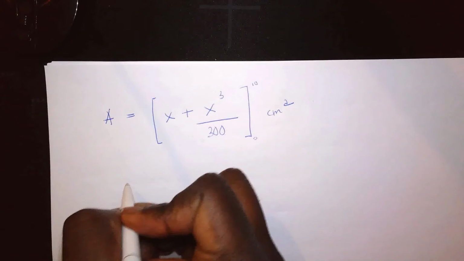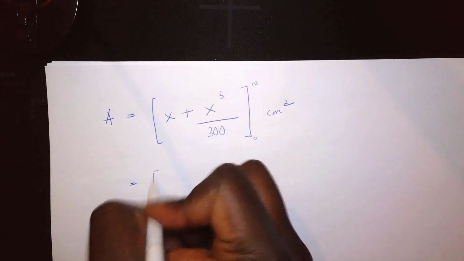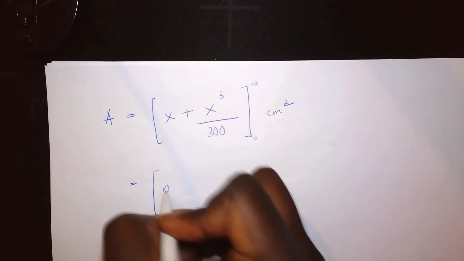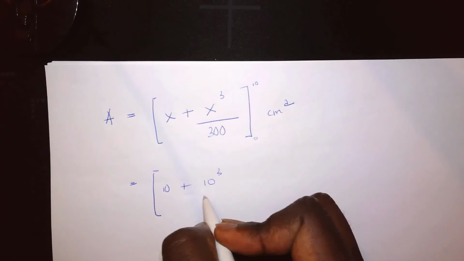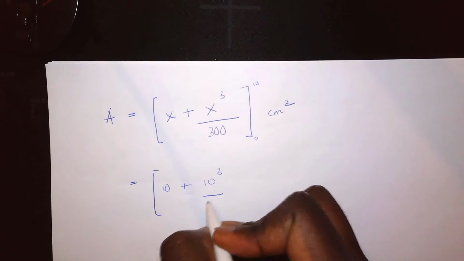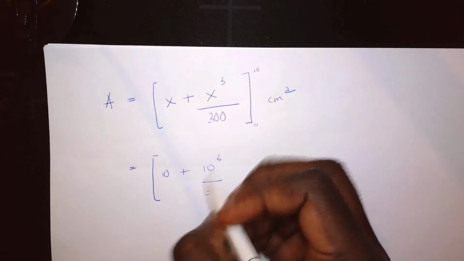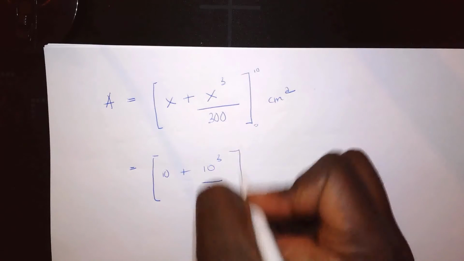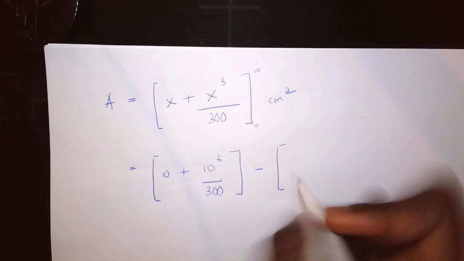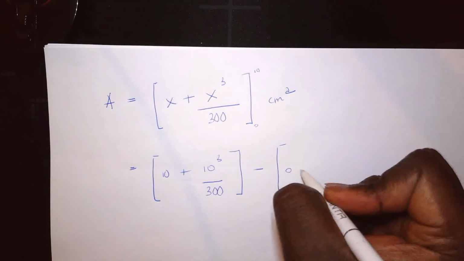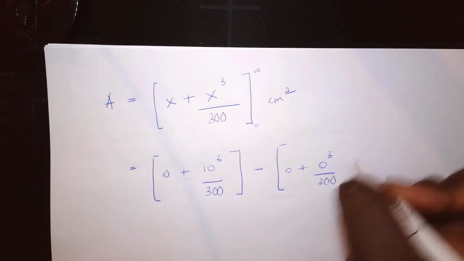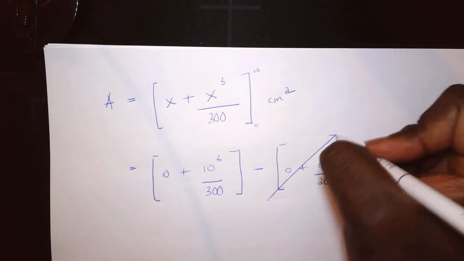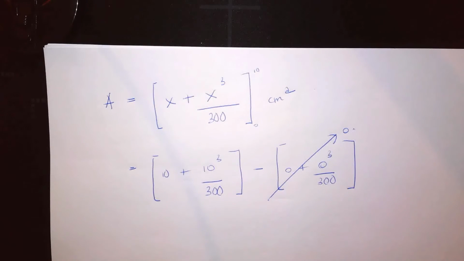If we put our limits in, this becomes 10 plus 10 cubed over 300, minus the lower limit, 0 plus 0 to the power 3 over 300. This bit will work out to be 0, leaving this part.